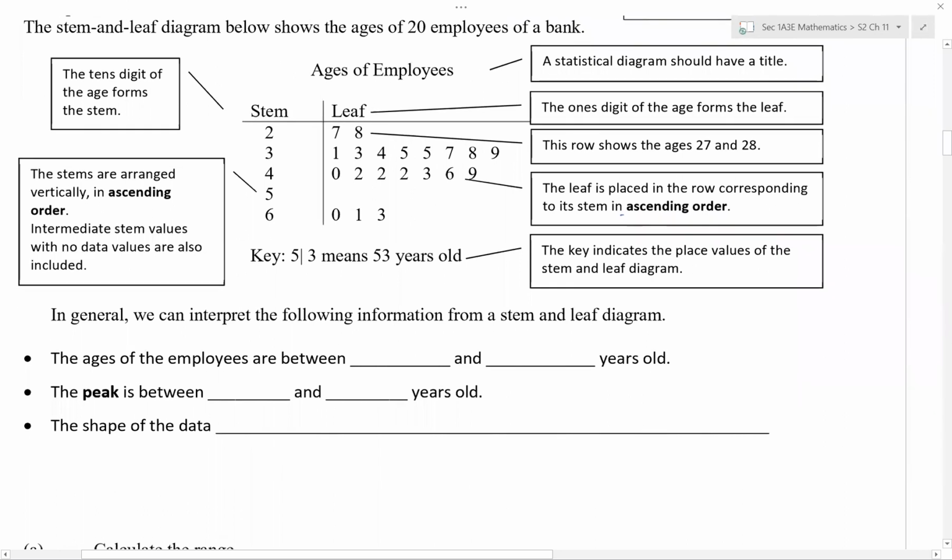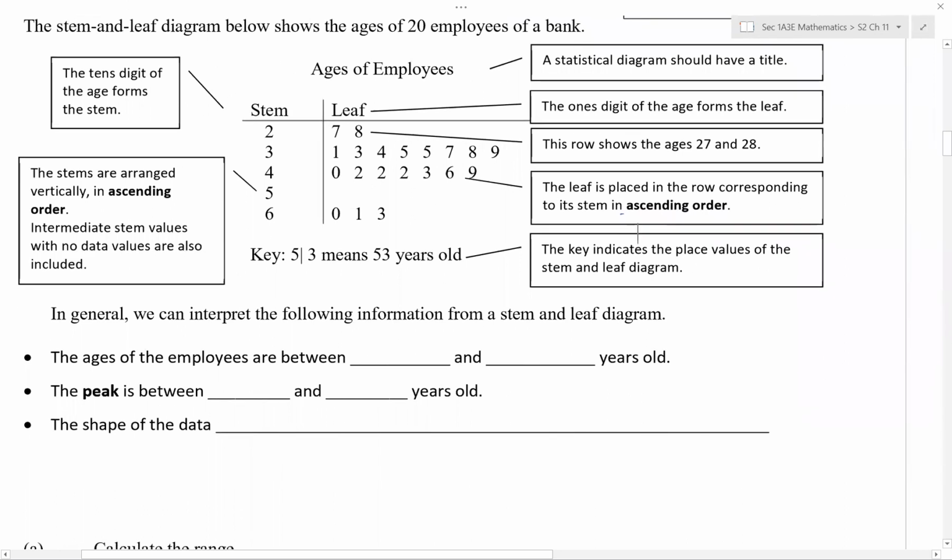So in general, we can interpret the following information from this particular stem and leaf diagram. The youngest employee is age 27 and the oldest is age 63. So this can be very quickly extracted from the stem and leaf diagram. Now the next keyword over here is peak.